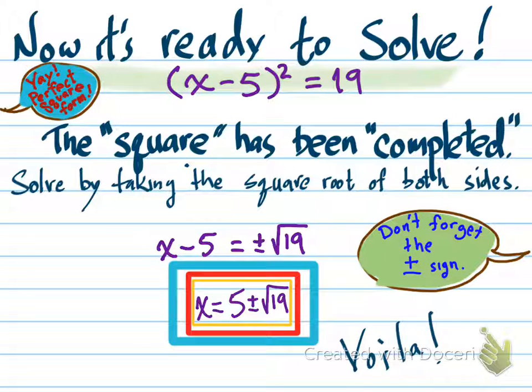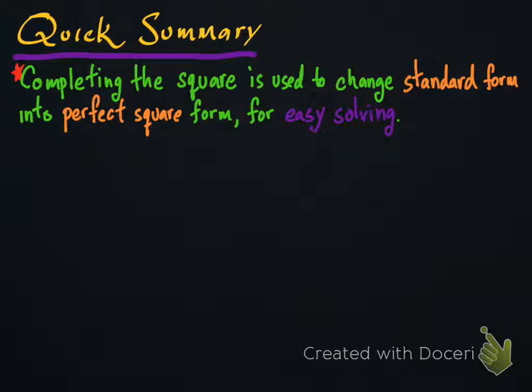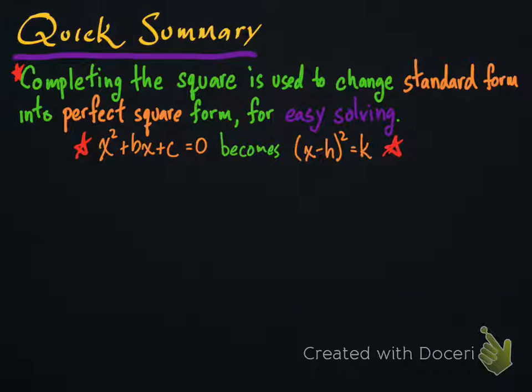So that's how you do it. It's a three-step process. Let's do a quick summary of those three steps again. The first step is just kind of the background: completing the square is a process used to change standard form equations into perfect square form equations because they're easy to solve. It ends up with that perfect square binomial on one side and some number on the other side.